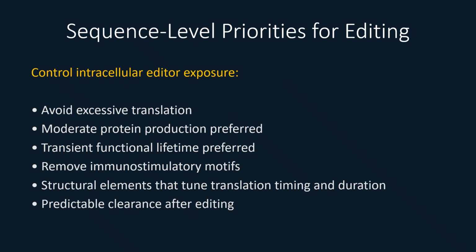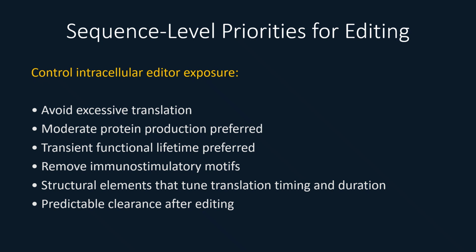When it comes to sequence priorities for editing, the most important point is intracellular editor exposure. How much is present and for how long? Editing efficiency saturates relatively quickly, but off-target risk keeps increasing as exposure accumulates.